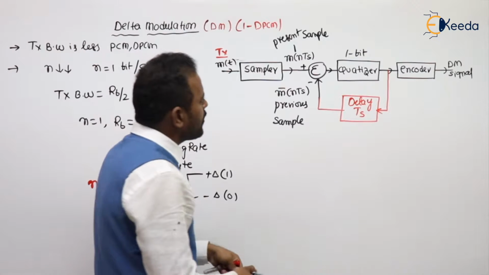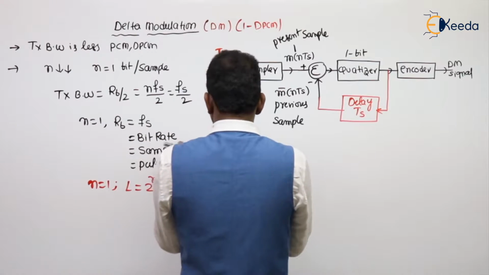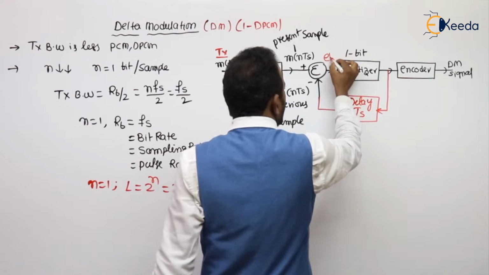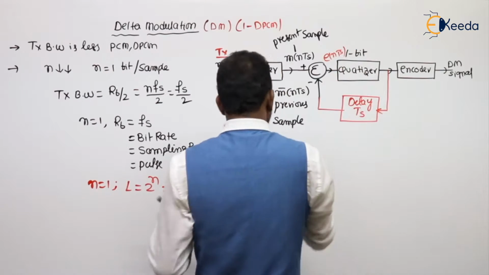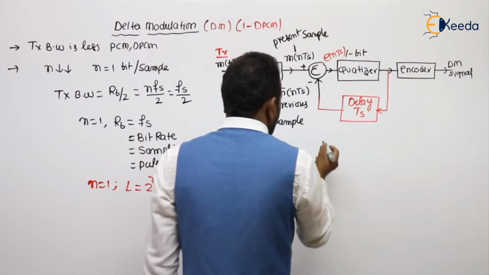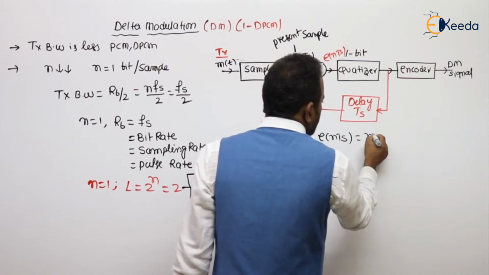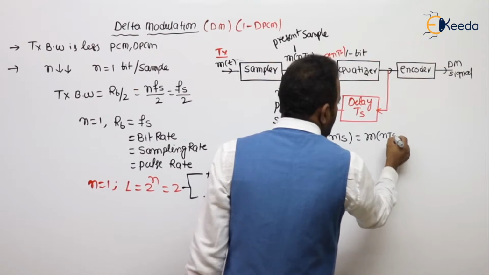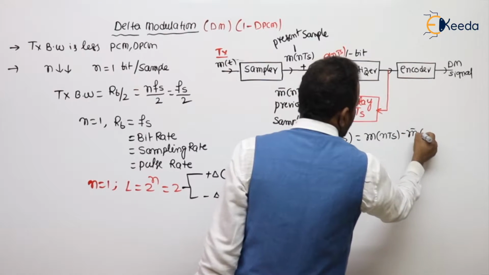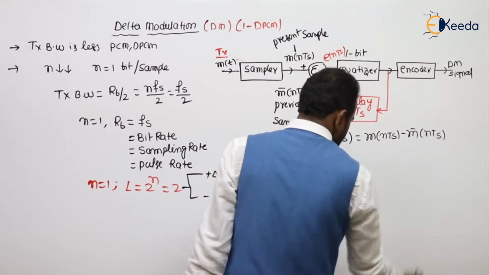Here, what we are quantizing? Let's take the error as e of nTs. Here the error e of nTs is nothing but the present sample m of nTs minus the previous sample m bar of nTs.